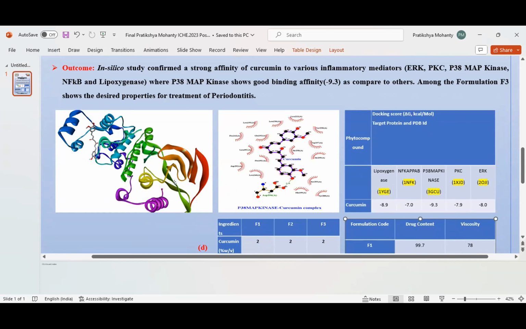Okay. So you have calculated the docking score. You have not calculated, I mean, you have taken the value from the literature? Yes, ma'am. Acha. So from the literature you have written this docking score. Have you checked how they calculated this docking score or which software they used? Yes, ma'am.